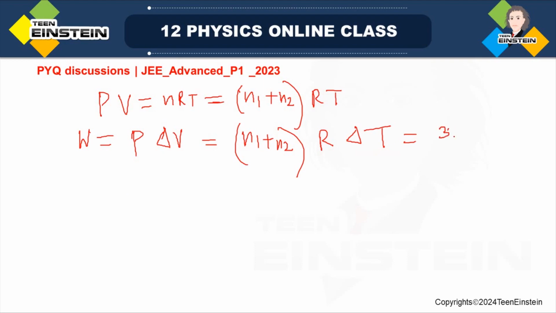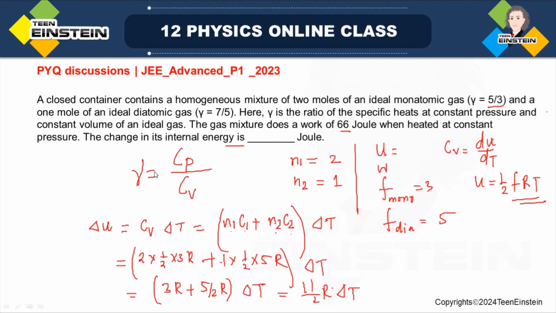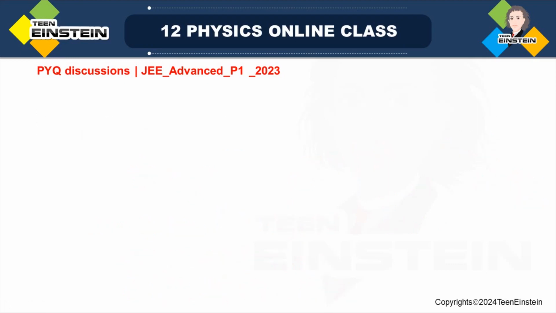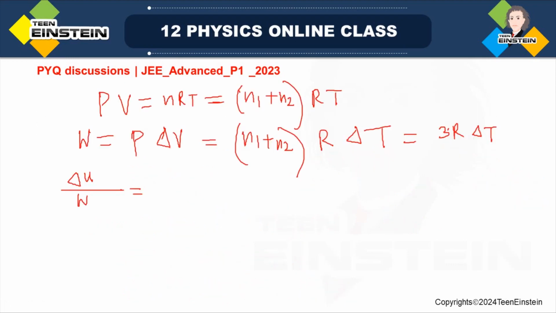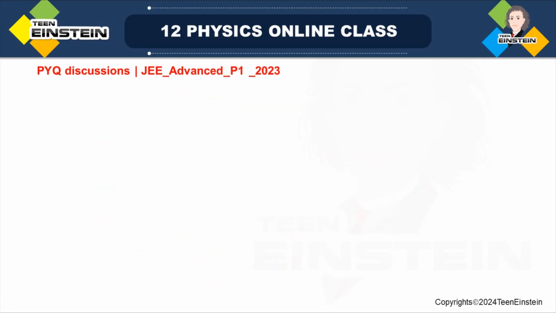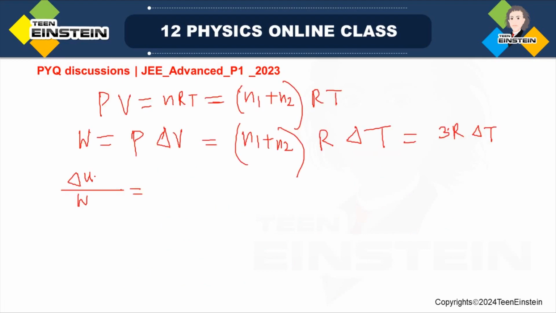So this is 3R into delta T. Okay, now let me write it. delta U by W is equal to, so delta U is actually given as 11 by 2 R into delta T, which we have already calculated recently.